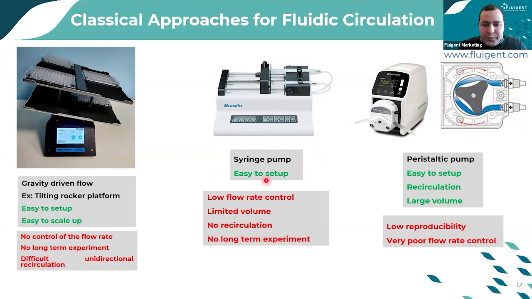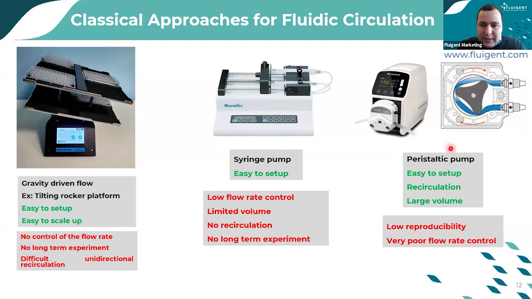Limited volume, no recirculation, and no long-term experiments. And finally, one of the most used for recirculation processes is the peristaltic pump, where also a mechanical force will exert forces on the tubing and will push the liquids towards the outside, in this case doing a loop of this system.